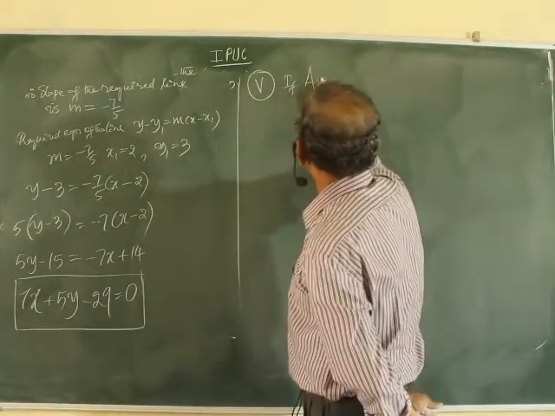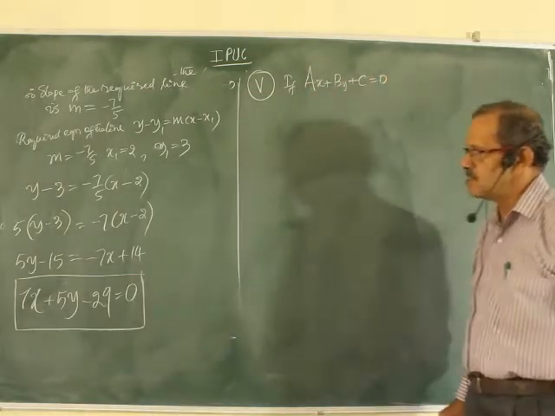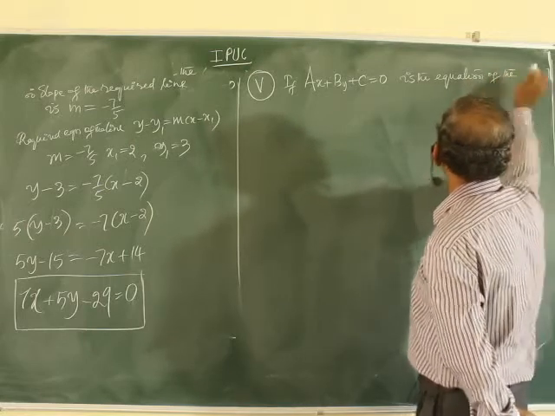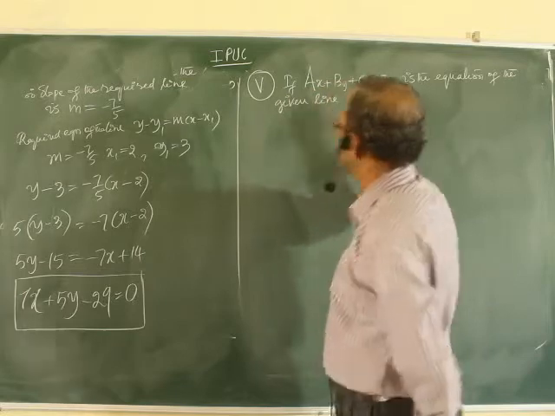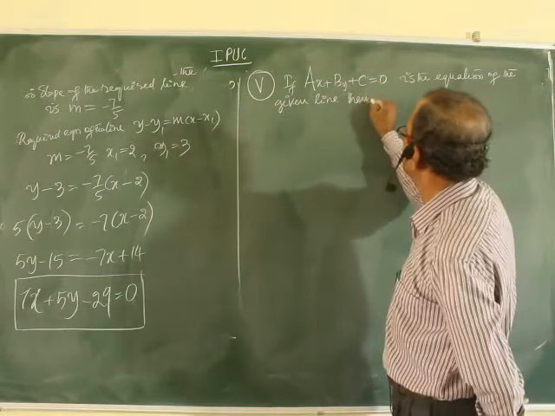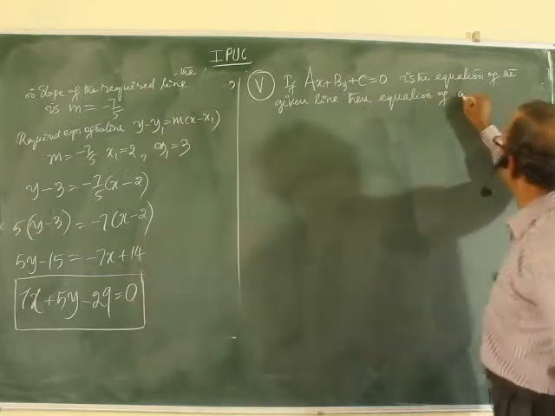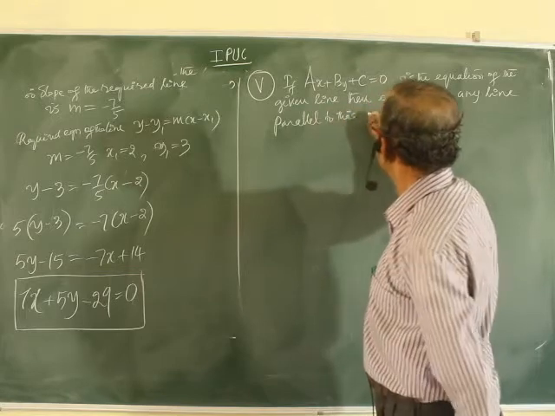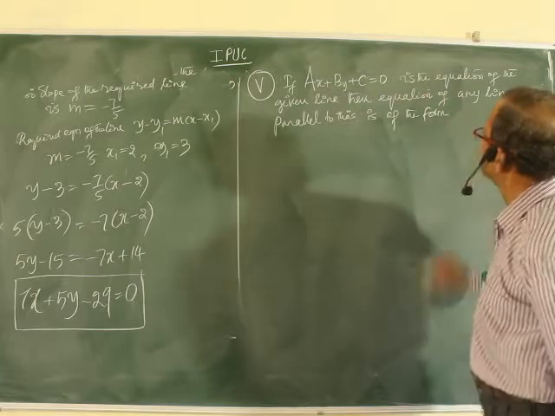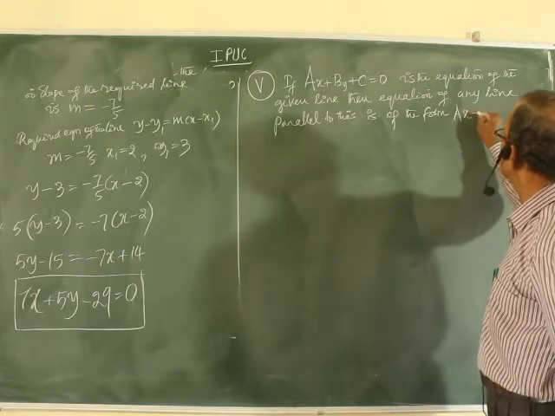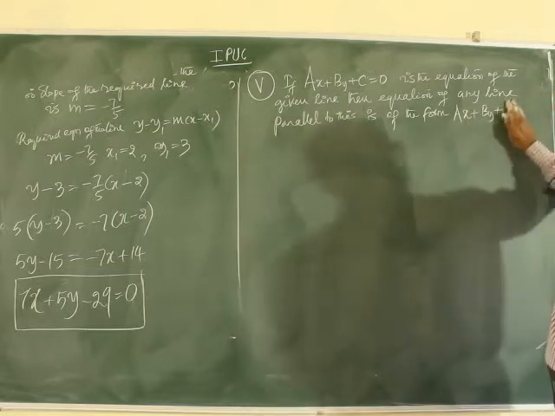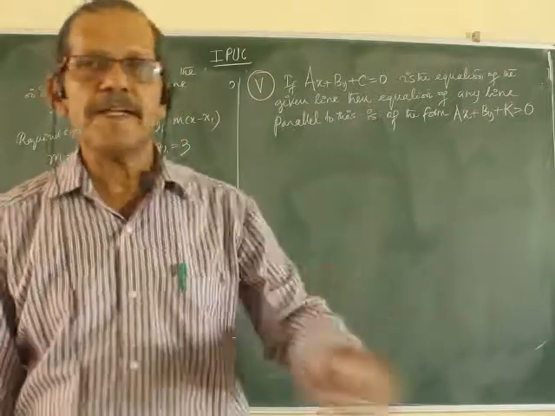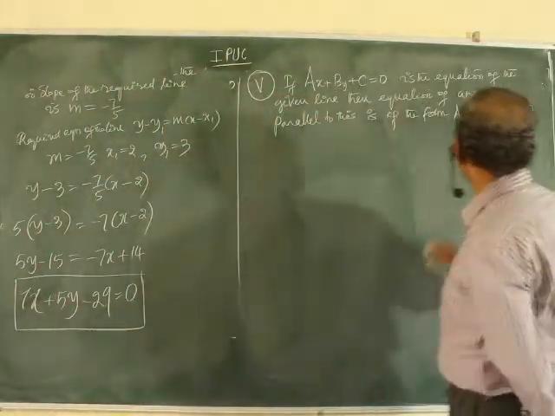If ax + by + c = 0 is the equation of the given line, then the equation of any line parallel to this is of the form ax + by + k = 0. The x and y terms are the same; they differ only by the constant.